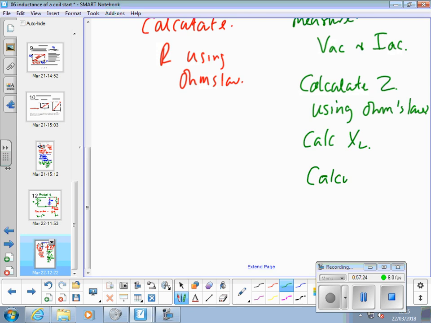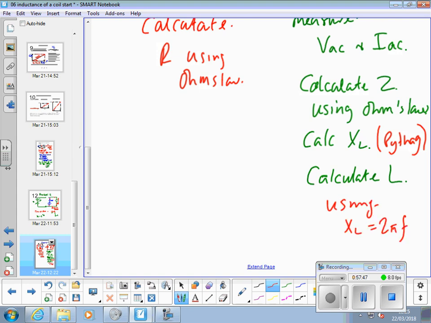Calculate L. Then calculate L using XL is equal to 2 pi f L. That's the example we did today, except you're going to do it for each position.